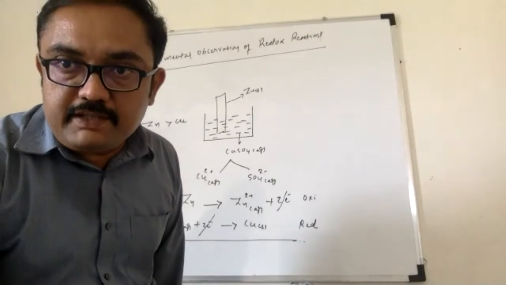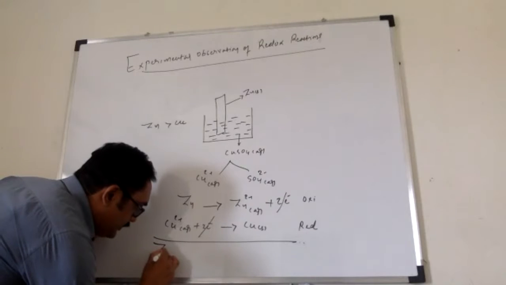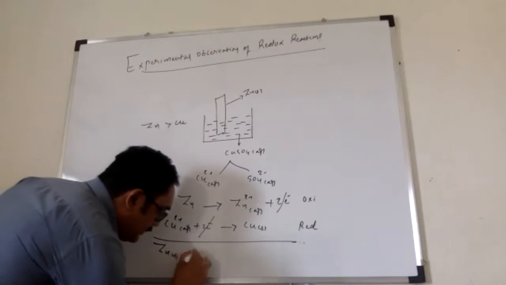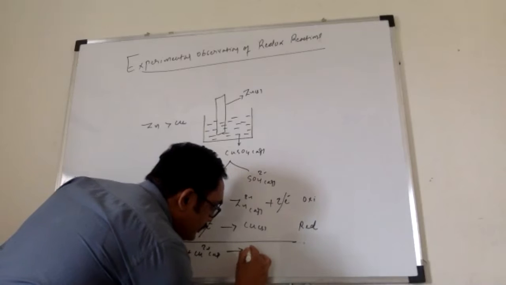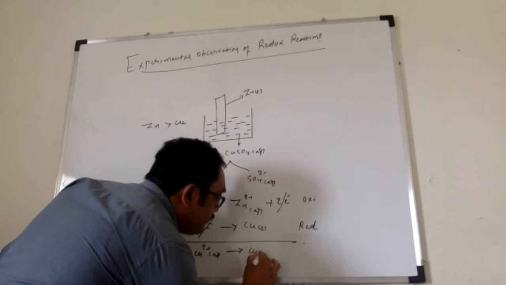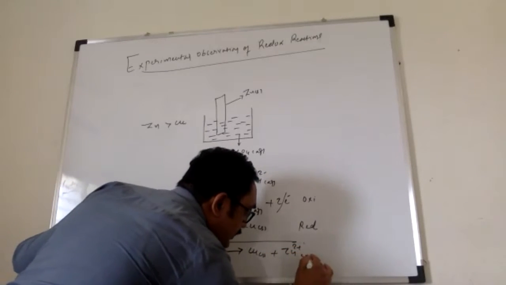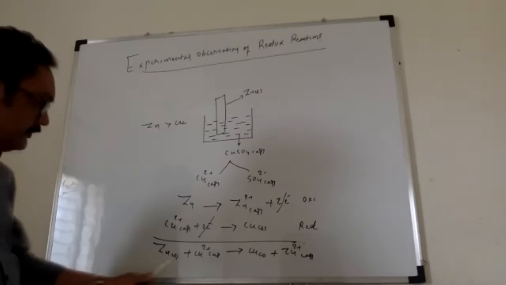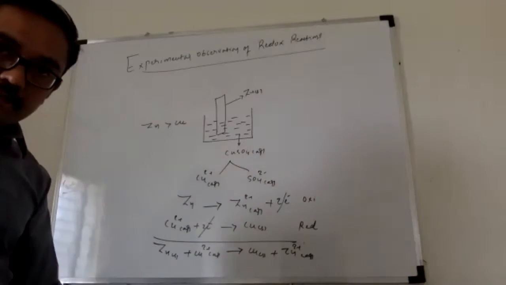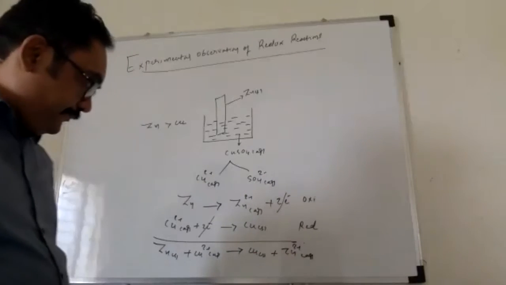So after addition, what would be our overall reaction? Zn solid reacts with the copper ion, which gives copper solid and Zn ion. That is our overall reaction. Zn has displaced the copper ion from the solution, and Zn has gone into Zn2+ ion.